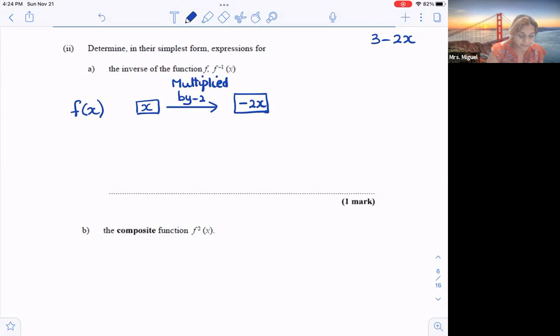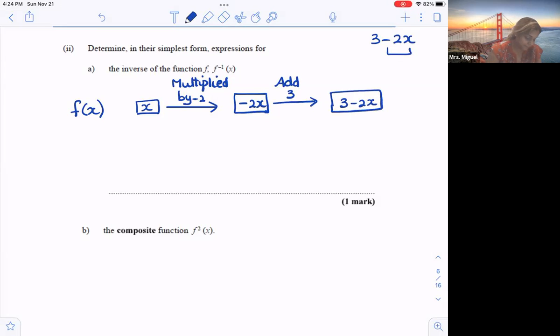So I have this term here. I need to add 3. So to this, I am going to add 3. So my final answer here is going to be 3 minus 2x. So that is my f of x.